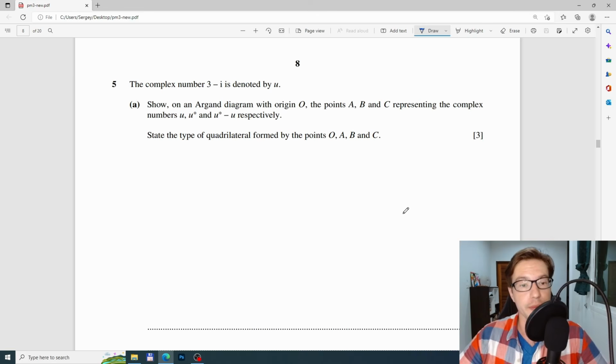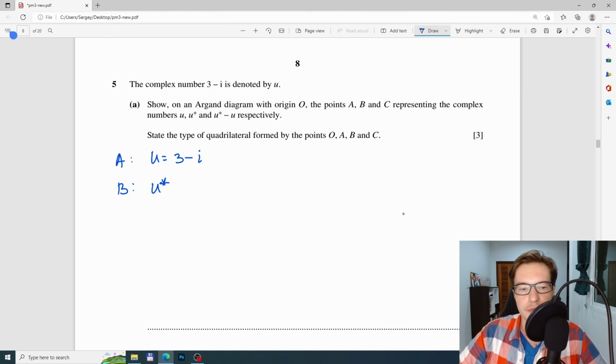All right, complex numbers. So u equals 3 minus i. Okay, that's going to be point A. Point B is the complex conjugate. And to find it, all you have to do is to switch the sign of the imaginary part to the opposite.